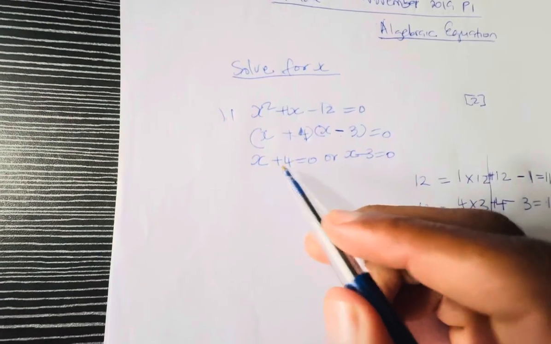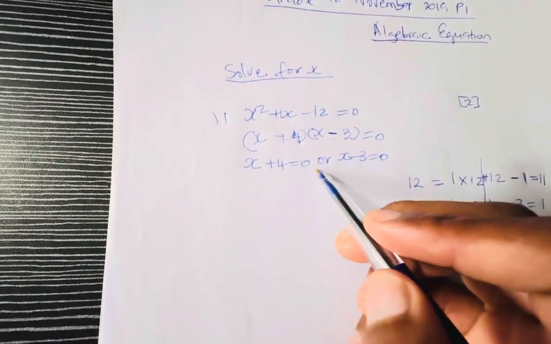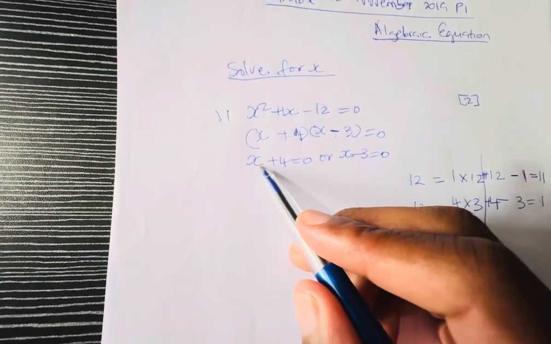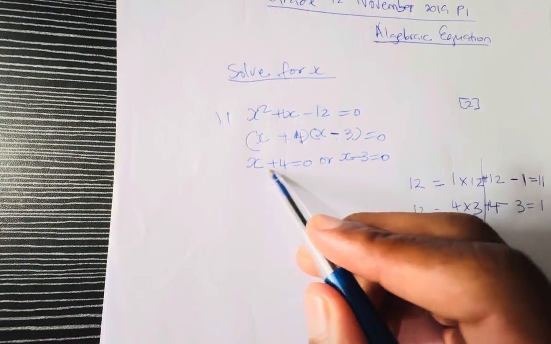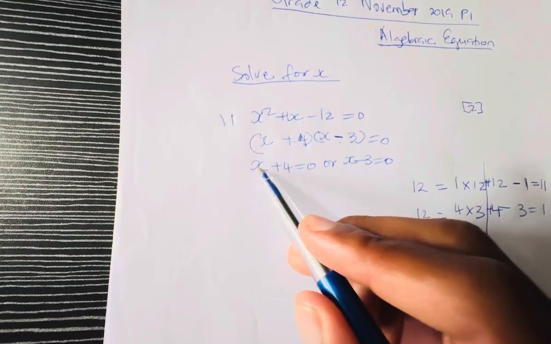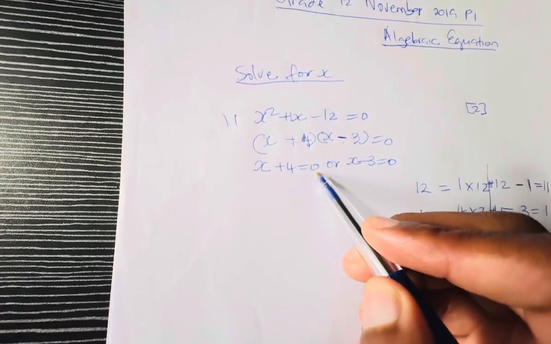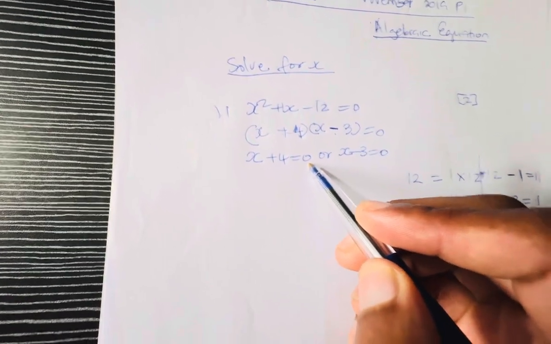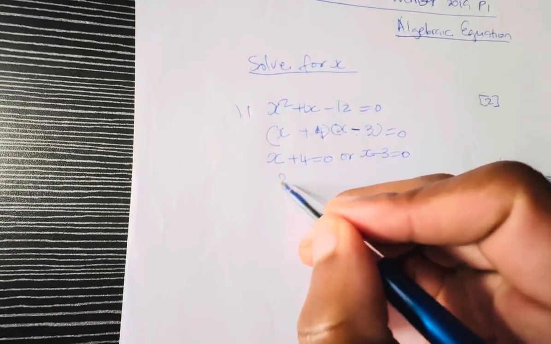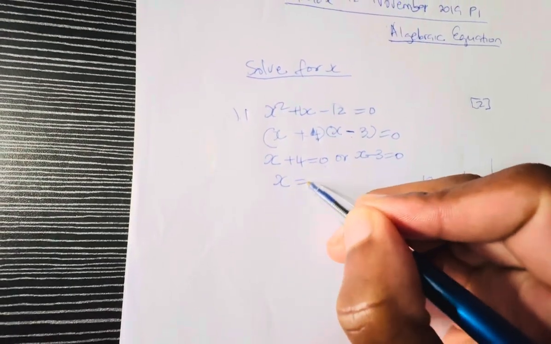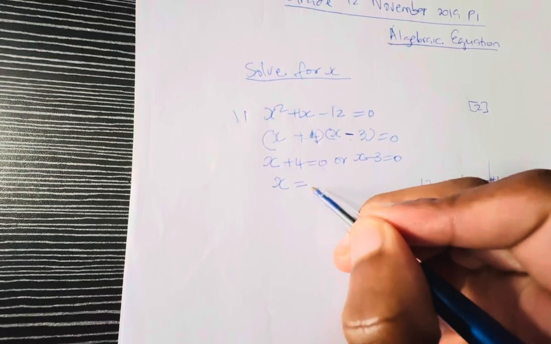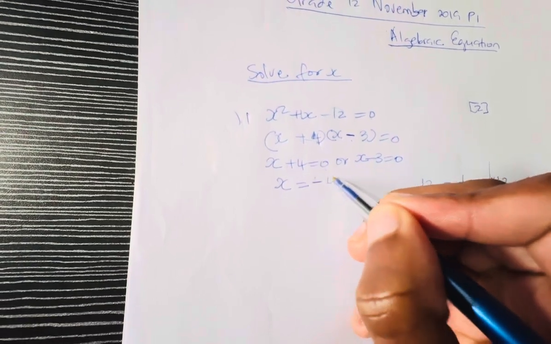So now, how do we solve here? How do we continue? When you have x plus 4 equals 0, because we want x, this one must go this side, right? We must transport this one to this side. Therefore, x equals, when it comes this side, negative 4.